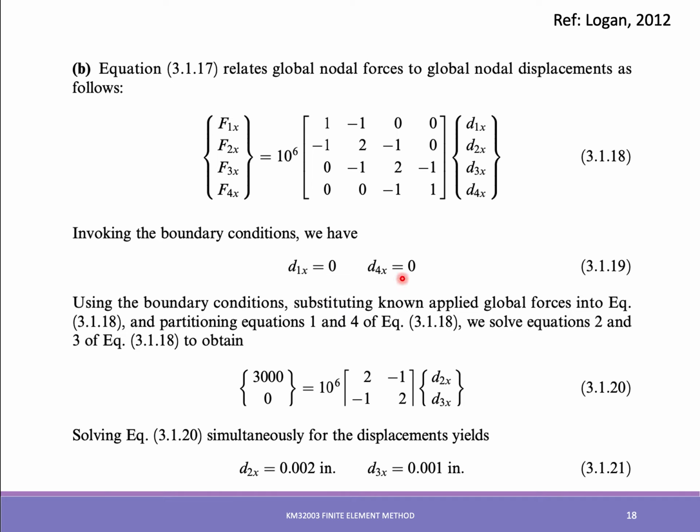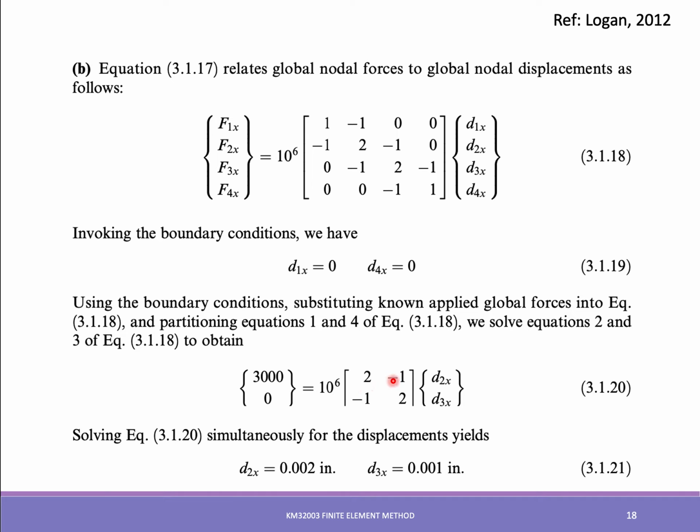Since D1 and D4 equal 0, these rows as well as columns will be turned into 0 when you multiply them. So the effective regions would be the second and third, so we just partition them out and concentrate on the second and third, okay?